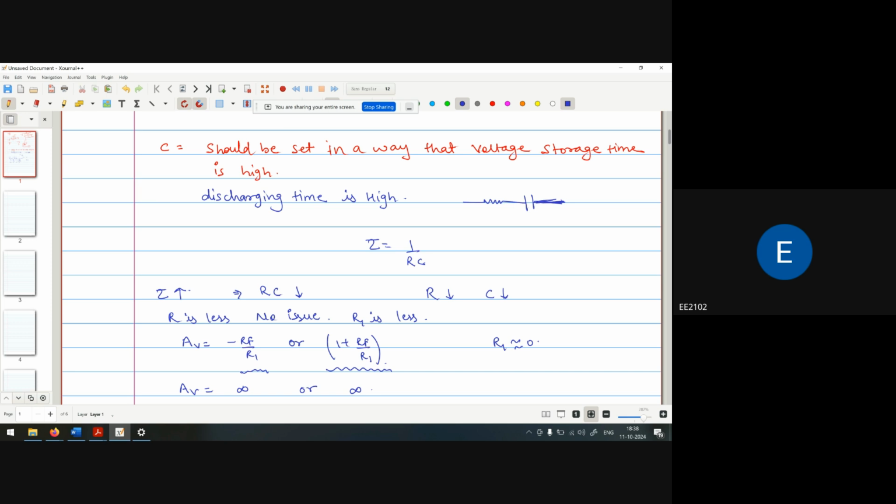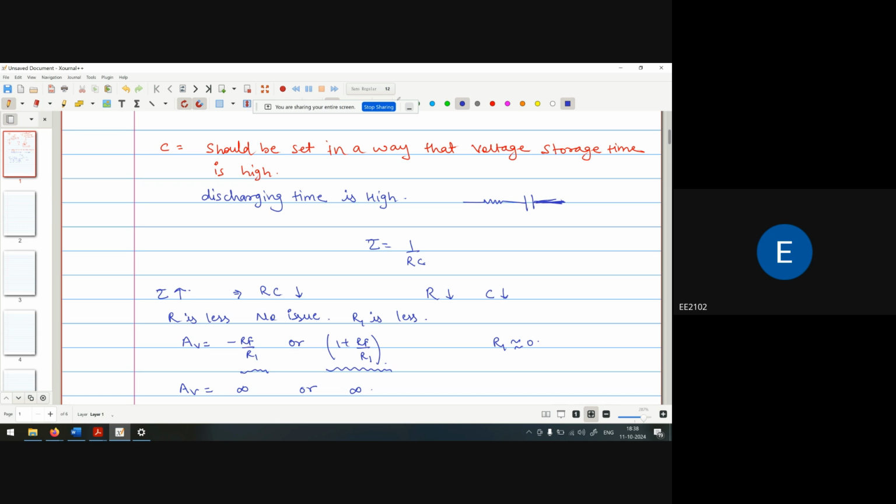Now, if the voltage gain is infinite, it is not possible. Why? Because if the voltage gain is infinite, that means my operational amplifier will work as an oscillator circuit, not an amplifier.